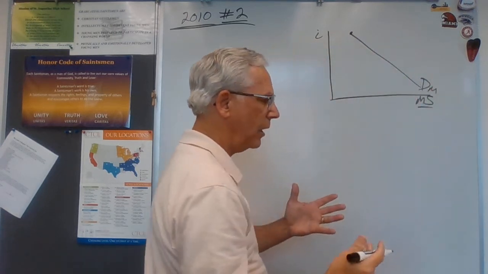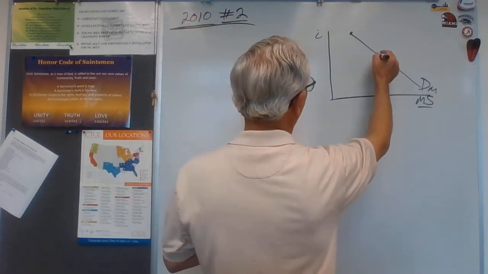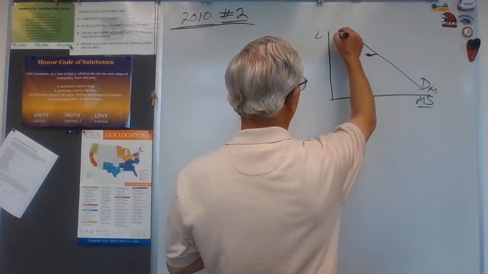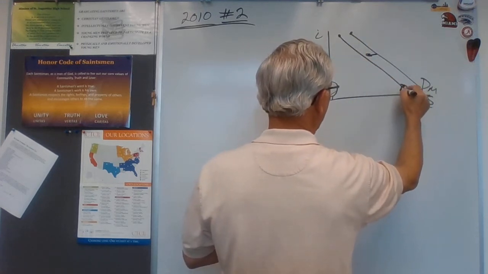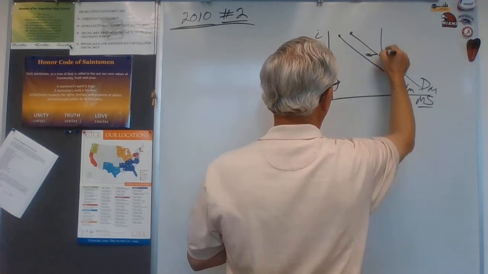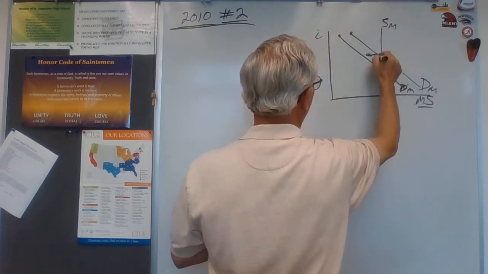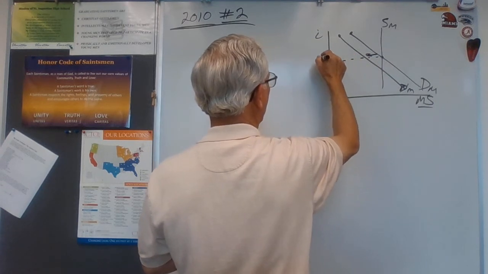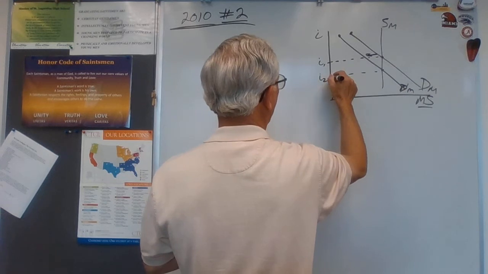And they're saying that because credit card fees are reduced, people use credit cards more often, and money demand shifts back to the left. So D prime for money. Here's the supply of money. Here was the original interest rate, I1. Here's the new interest rate, I2.